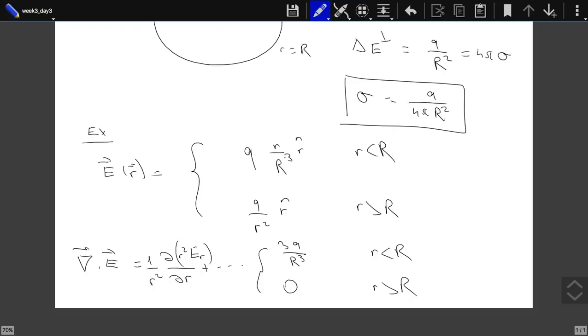And there's no discontinuity in the electric field. The electric field is continuous, so that basically tells me that there is no surface charge anywhere. Then we look at the divergence, which should be equal to 4 pi rho.